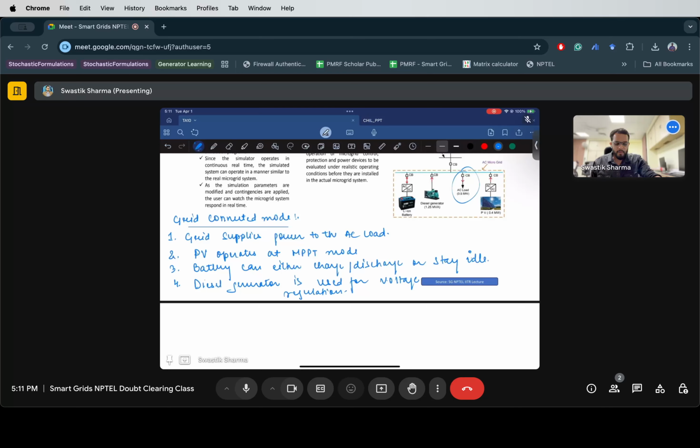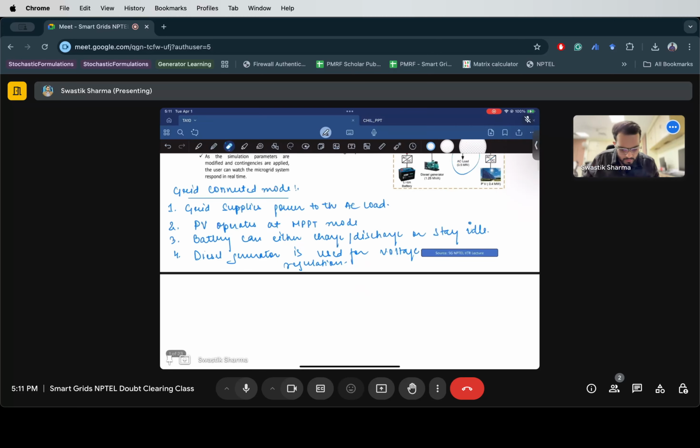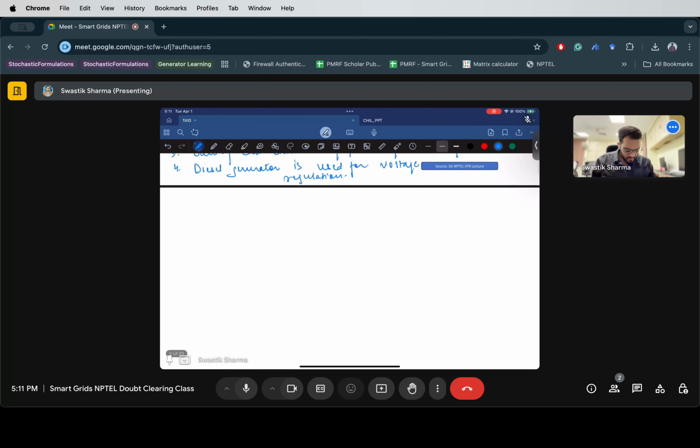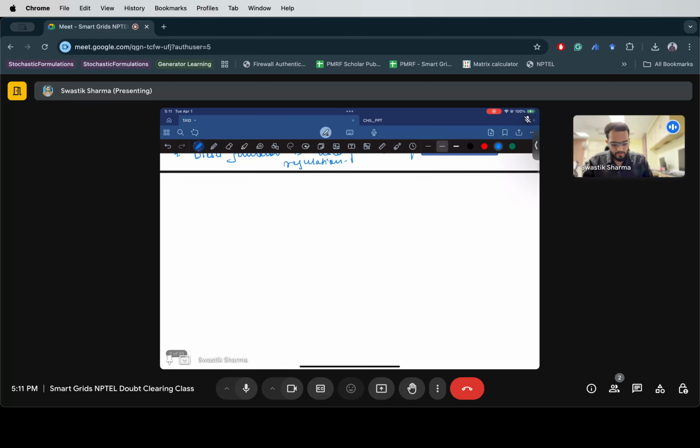So that is grid connected mode, simply straightforward. And what will happen if this circuit breaker is open and the AC microgrid now behaves in an islanded mode of operation?